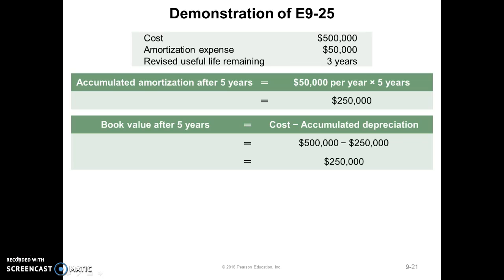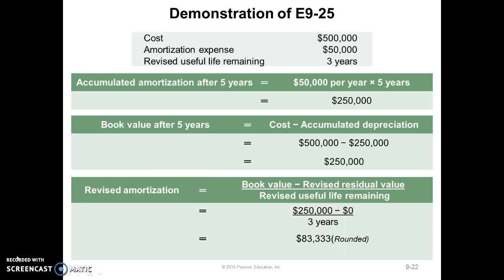This is now when we've revised it. So 5 years have passed. So 5 years' worth of depreciation would be 50,000 times 5, which is 250,000. So cost minus the accumulated depreciation gives the new book value after 5 years, which is 250,000.